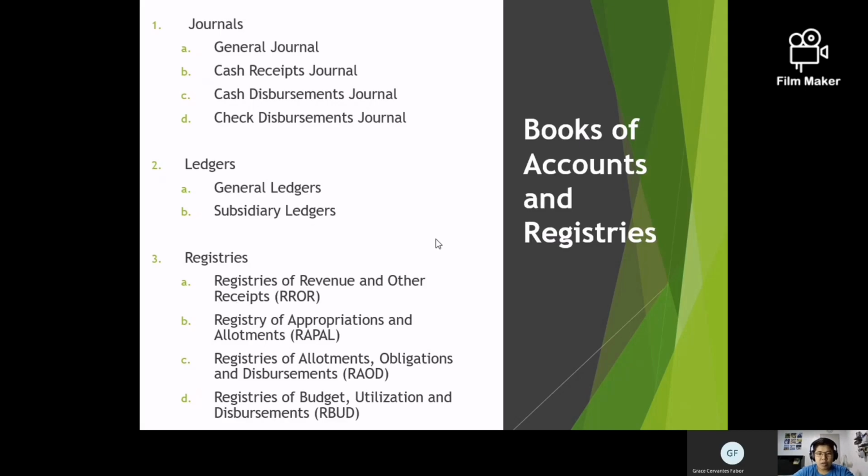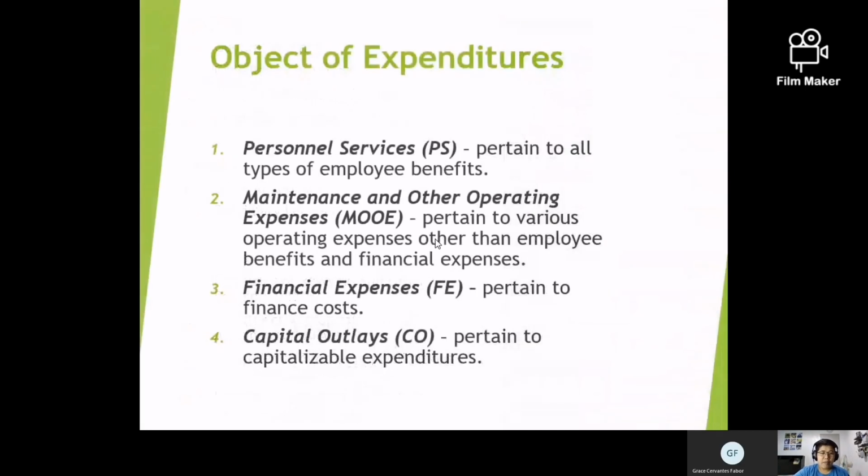So, how many objects of expenditure do we have? We have 4. We have PS, or personal services, which pertains to all types of employee benefits. Next is MOOE, or maintenance and other operating expenses, which pertains to various operating expenses other than employee benefits and financial expenses.